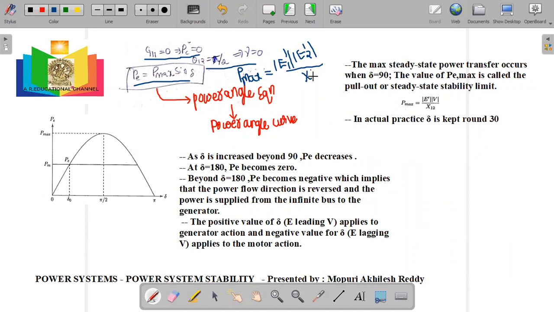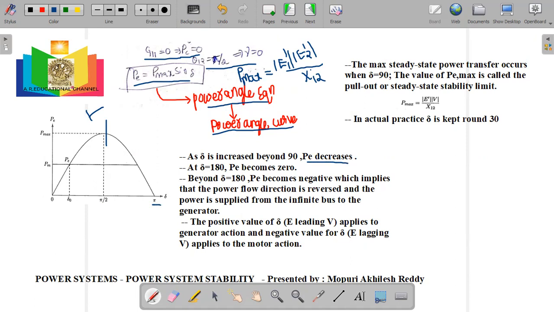Until now we have seen the power angle equation derivation. This equation is called the power angle equation, and when we plot the graph between P and del, this is the power angle curve. Now if you see the power angle curve, as del increases beyond 90 degrees, PE decreases.